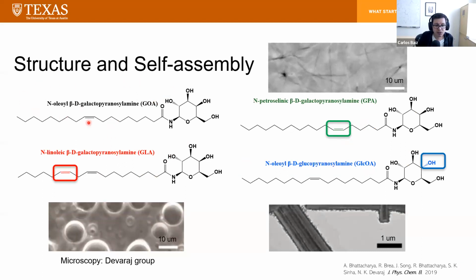The one that I'm going to describe today in the next few slides is this GOA. So it has this galactopyranoside as the head group, and it has 1 unsaturation. This oleoyl is the fatty acid that is used to make this lipid. And the linkage here, instead of being the ester carbonyl that is found in natural phospholipids, it's an amide. So you can see this amide group here, CONH.